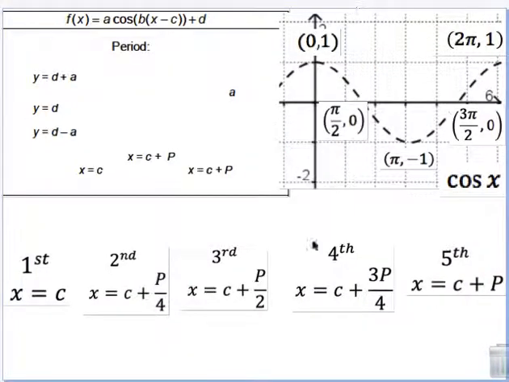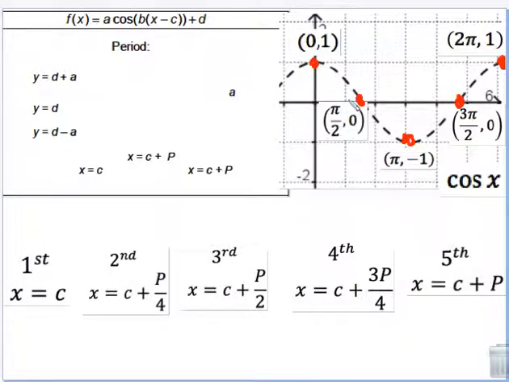Let's go on to our cosine functions. Again, in class, we talked about how the cosine parent function has the same type of critical points, but cosine does not start at the origin. It's not going to start on the sinusoidal line. It's starting at its maximum point.